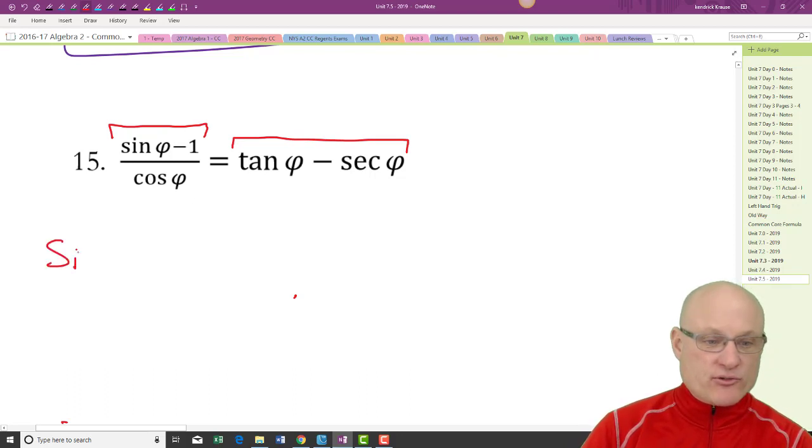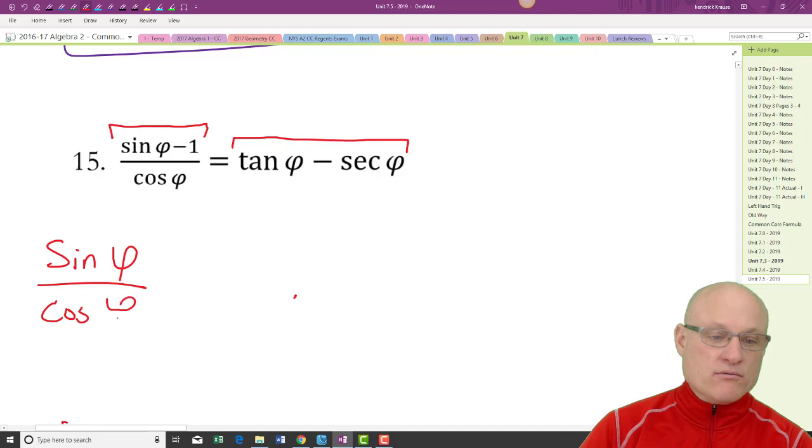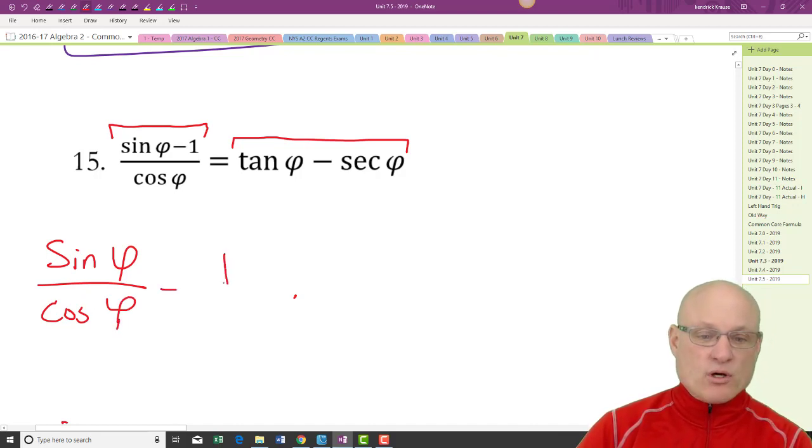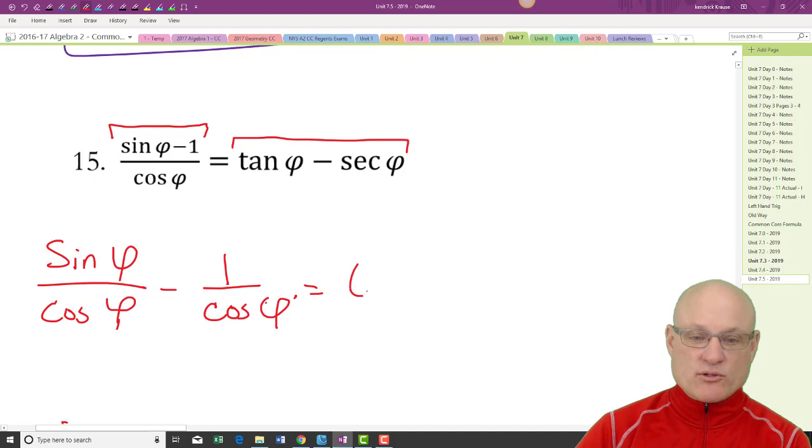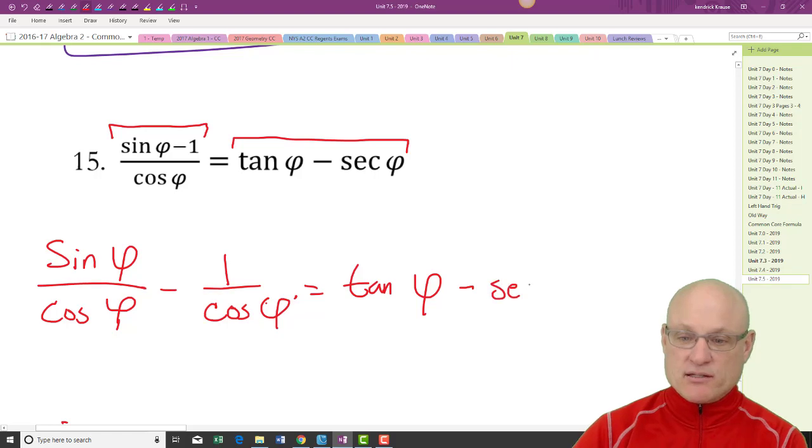So we're going to turn this into sine of over cosine of, I don't even know why we picked this letter, minus 1 over cosine of. I'm telling you right now, I'm changing these all to thetas on the next one.